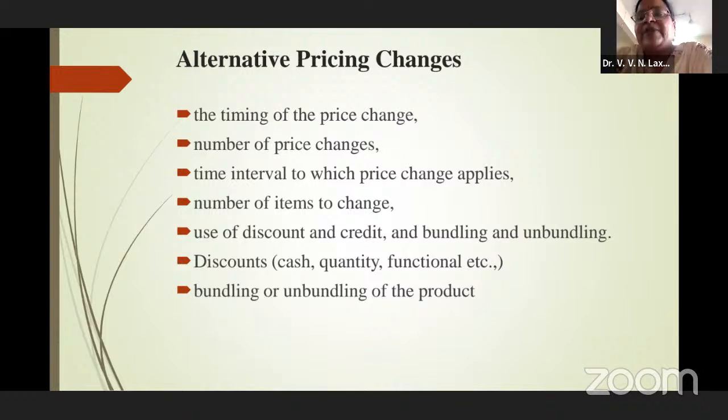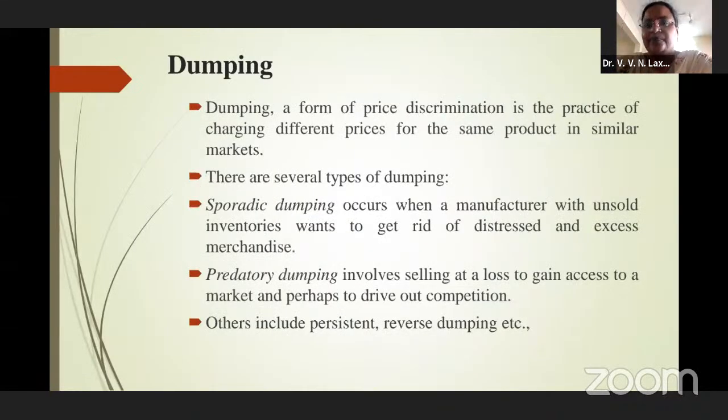That is bundling. And if I try to buy individually, if I add all the three, the price might be more. If the company decides upon discounts, how are we trying to give these discounts? Is it cash discounts, quantity discounts, functional discounts, bundling or unbundling of the product?